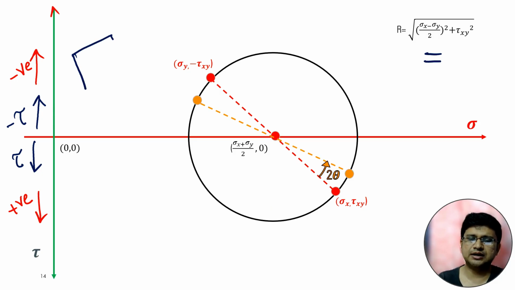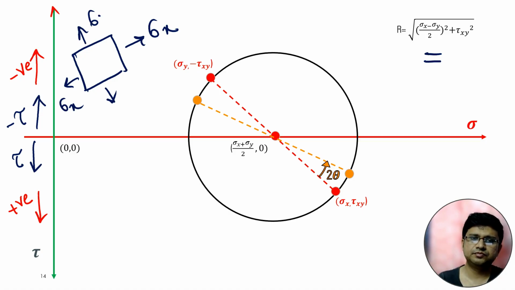Now suppose in place of this vertical plane of sigma x, sigma y and tau xy, we consider a plane which is at an angle of theta with respect to the coordinate system.